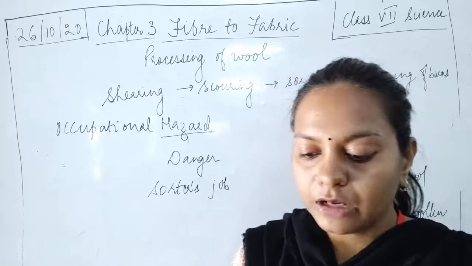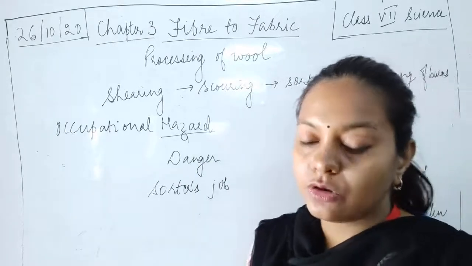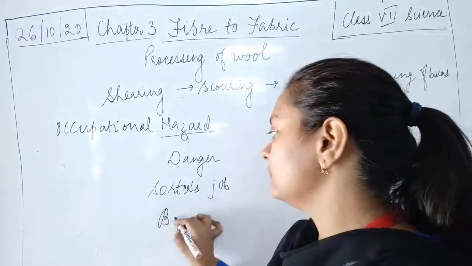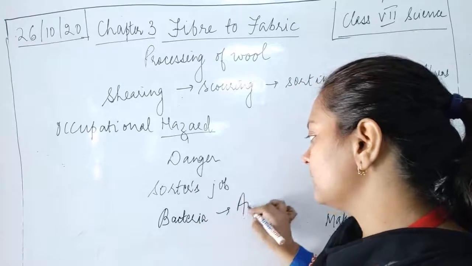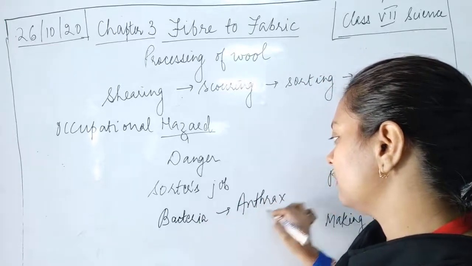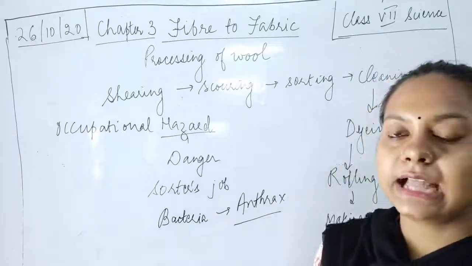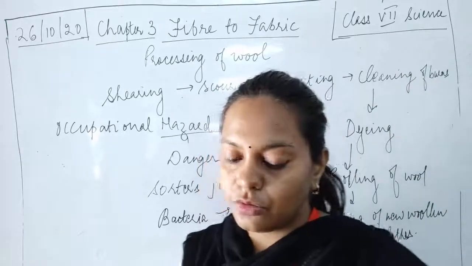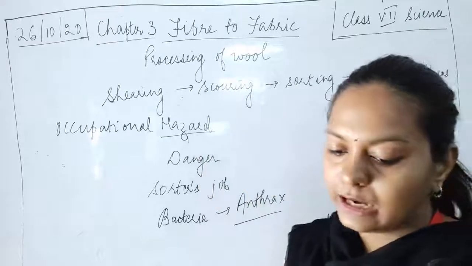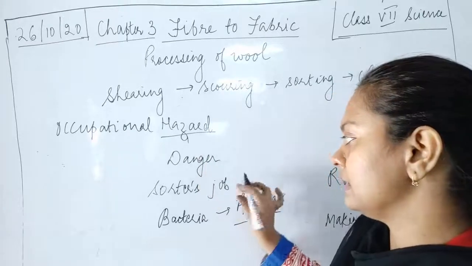Okay. Now, one such disease is caused by the bacteria called anthrax. The name of the bacteria is anthrax. So this anthrax bacteria is going to cause a fatal blood disease called sorter's disease.